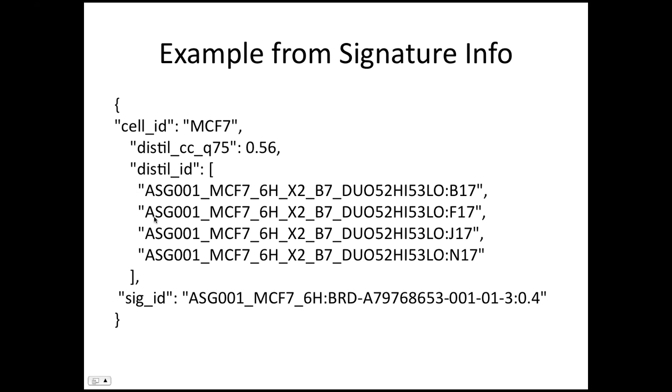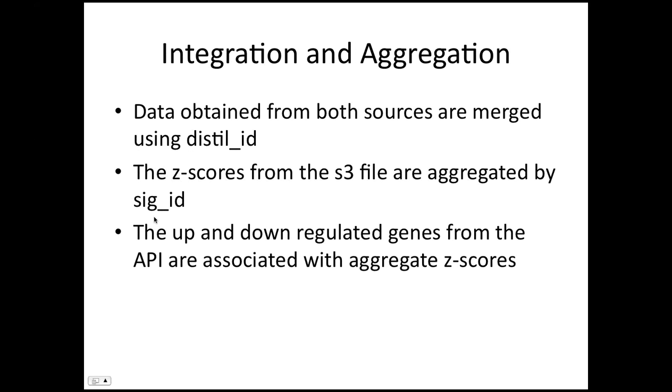In order to do that, we aggregate the information. We take the average of all the Z scores for a particular gene in a particular signature.